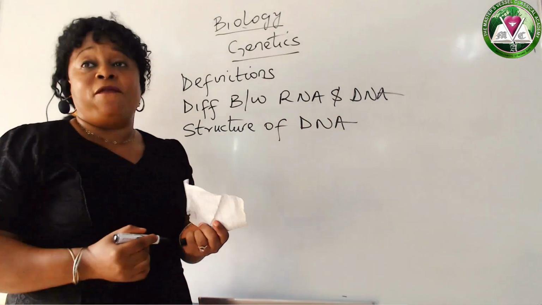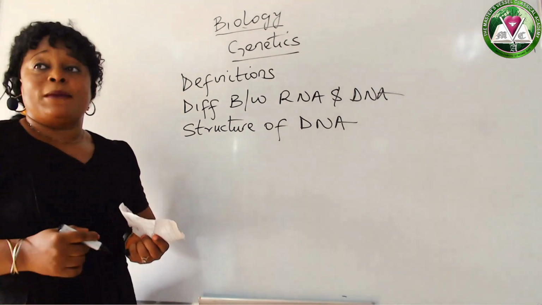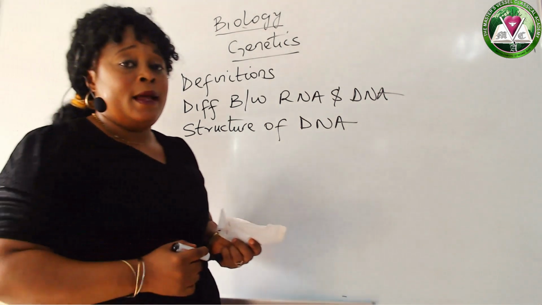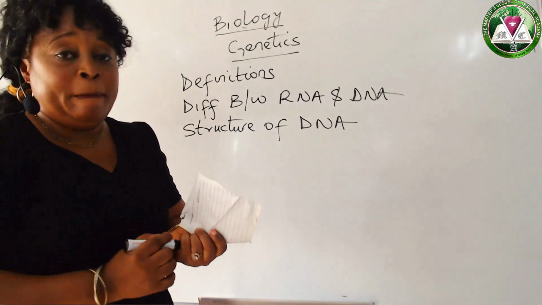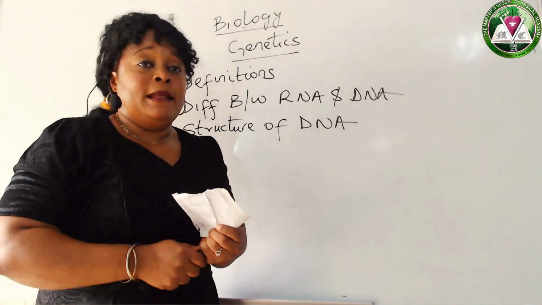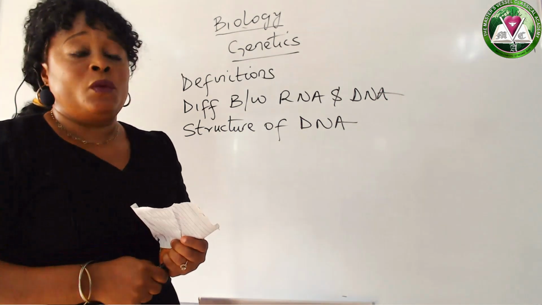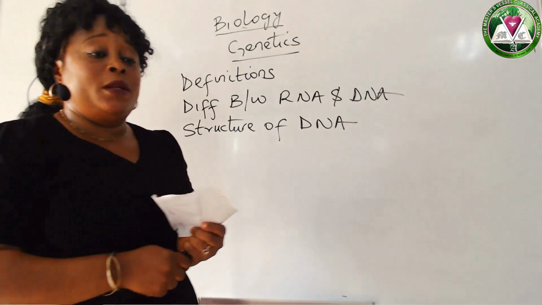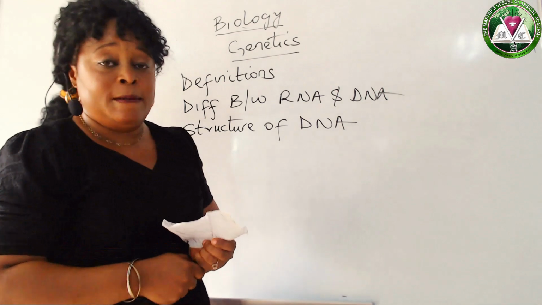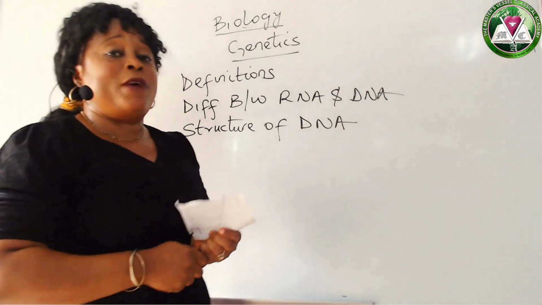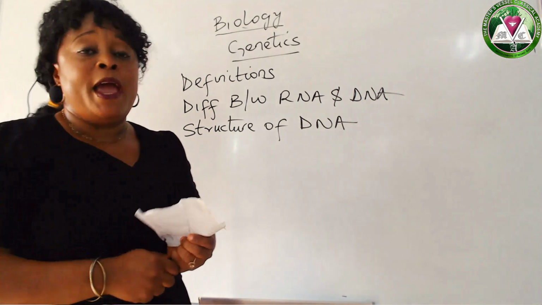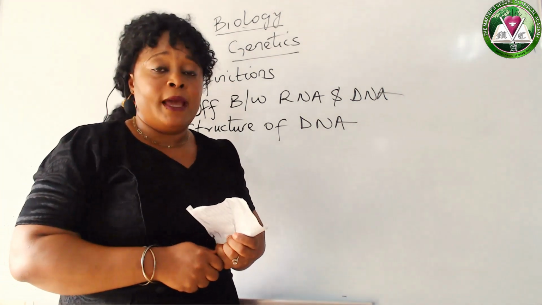Now, as we've already discussed before, I'm going to remind you of the definition of the chromosome, if you can remember vividly. The last time we discussed chromosome, we defined it as thread-like structures that are found inside the nucleus of a cell. And these thread-like structures bear hereditary units. Okay?